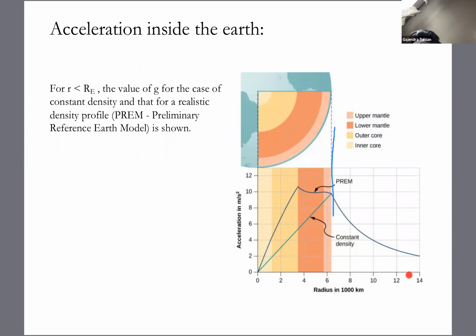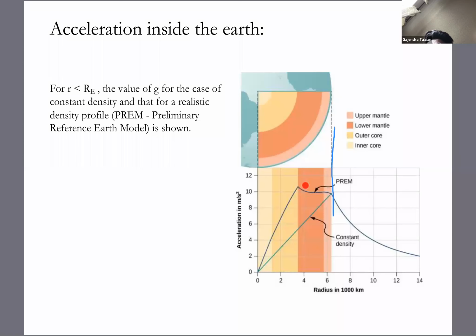If you were 1 radius above the surface of the Earth, the acceleration due to gravity is about 2.5 meters per second squared. Now, if the Earth's density were uniform, this would be the acceleration due to gravity inside the Earth. So if you were at this depth, that would be the acceleration due to gravity. At the center of the Earth, it's 0.